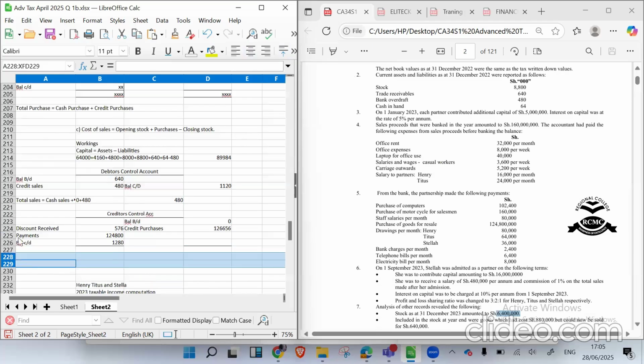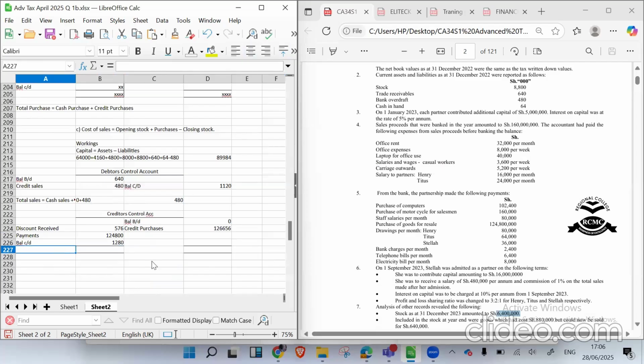So that should give us our total purchases. Total purchases to be equals to cash plus credit.